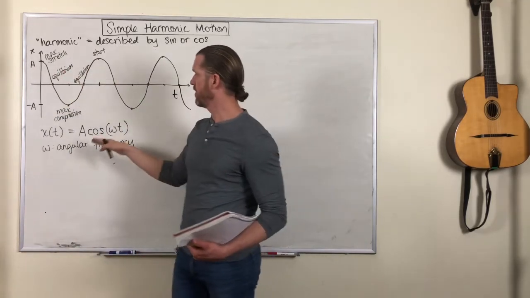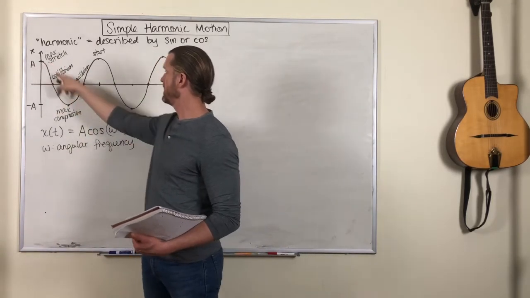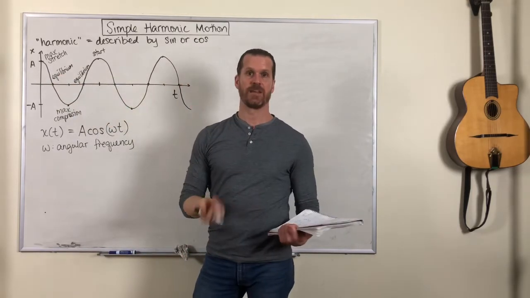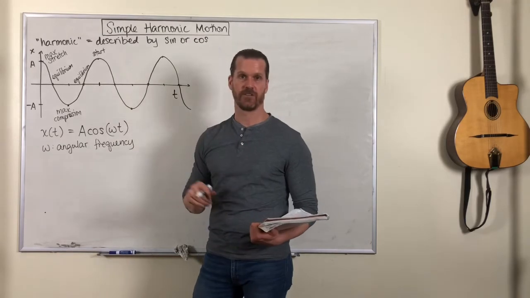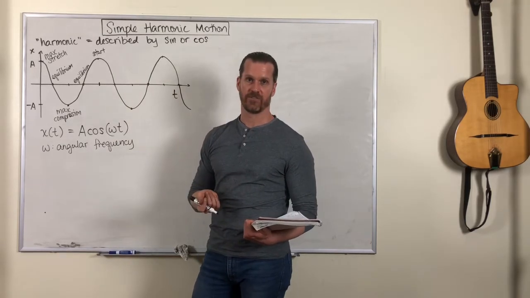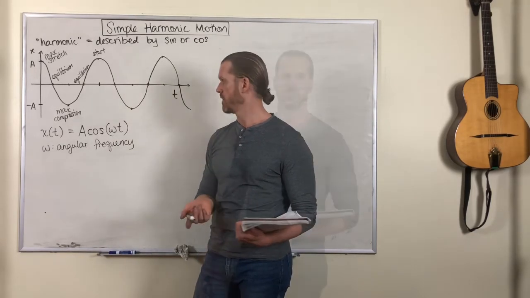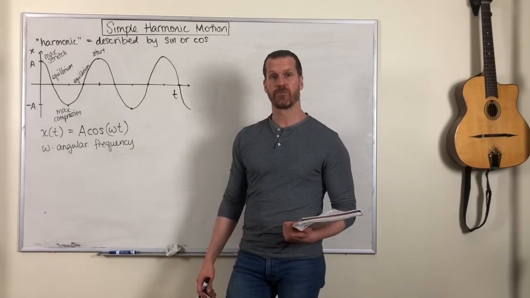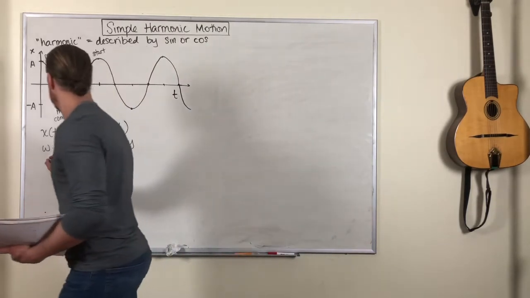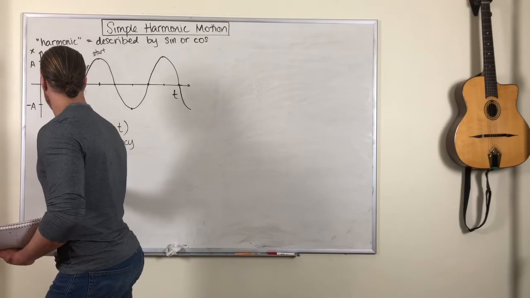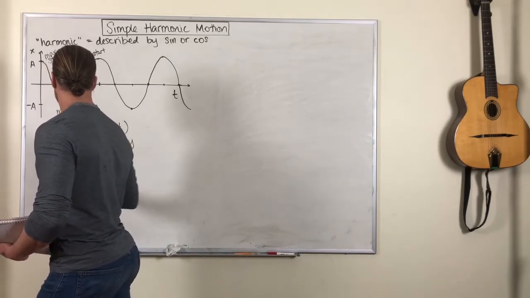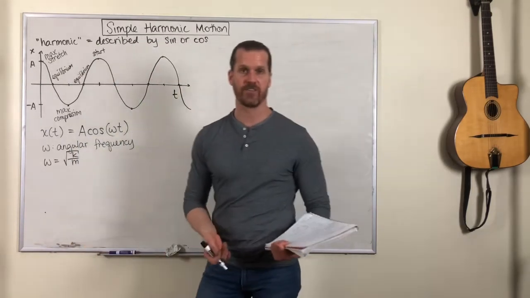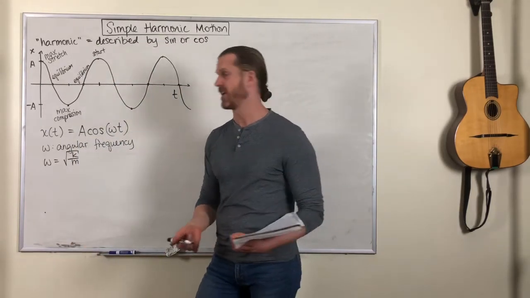And it's telling you how many radians of this cosine function are accomplished per second. Okay, we have a formula for omega. It's defined as the square root of k over m, where k is the spring constant and m is the mass attached to the spring.